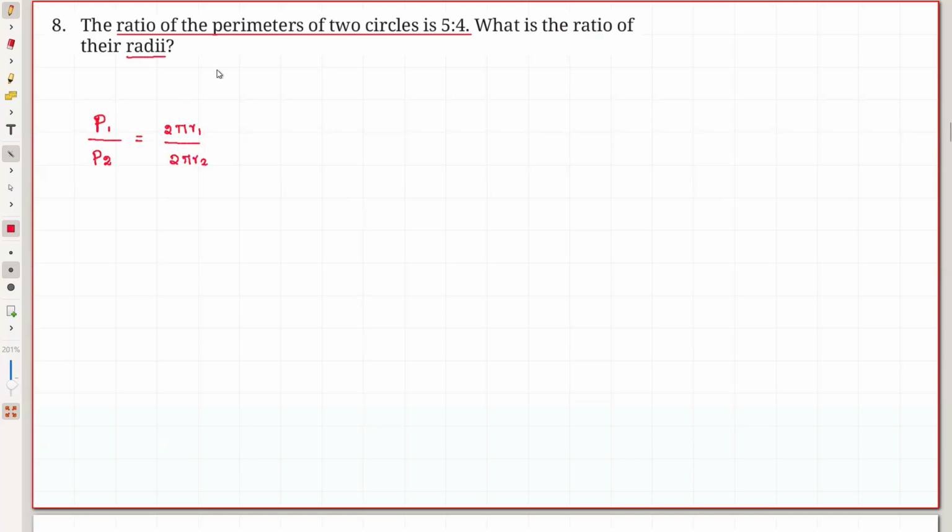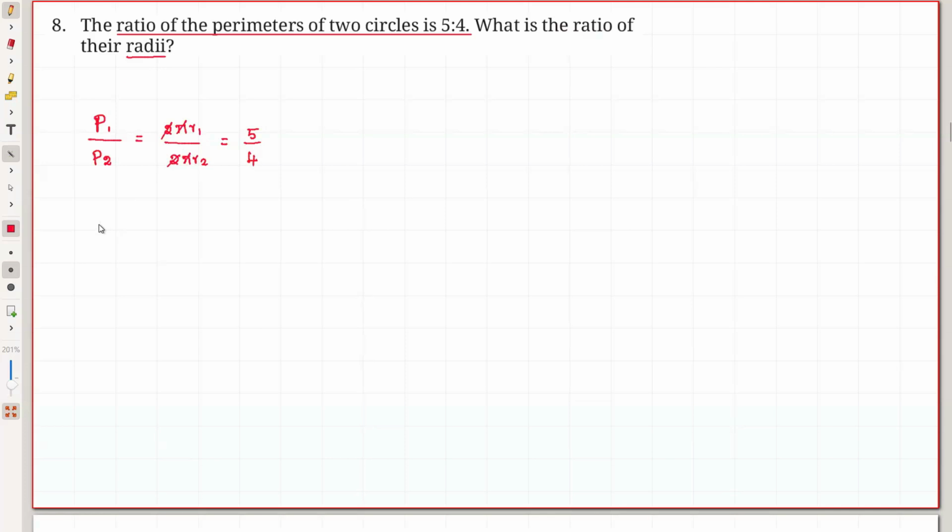They have given the perimeters in the ratio 5:4, so in place of p1 by p2 we can take 5 by 4. So 2 gets cancelled, pi gets cancelled, leaving r1 by r2.